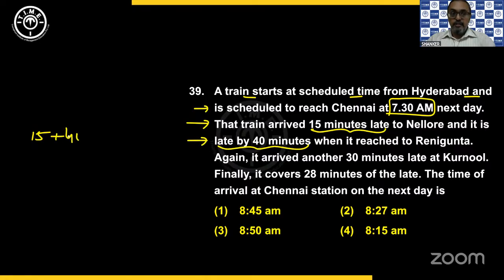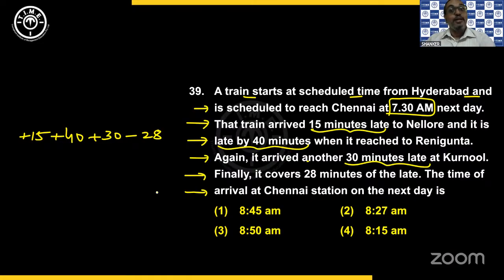So plus 40. See, how should you understand? What you need to write. When it reached Renigunta, again it arrived another 30 minutes late at Kurnool. So again plus 30. Finally, it covers 28 minutes of the late. So minus 28.